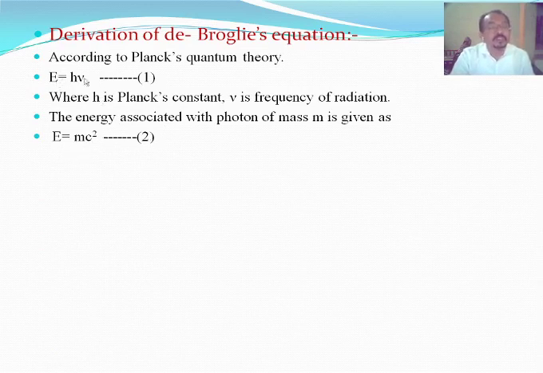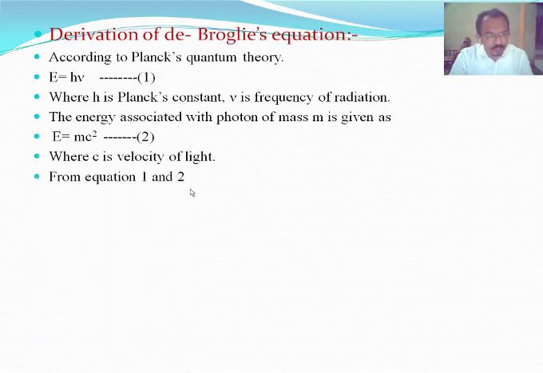Equation 1 is according to Planck's quantum theory, equation 2 is according to Einstein's equation. Both give the energy of the photon and therefore the left hand side of both equations is the same. Therefore, the right hand side should be equal, and hence we can write h nu is equal to m into c square, equation number 3.